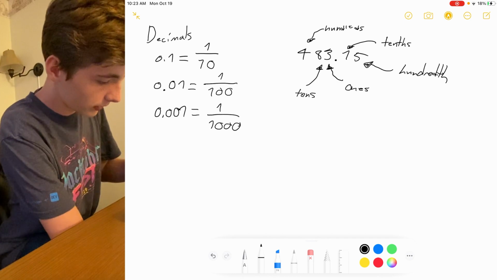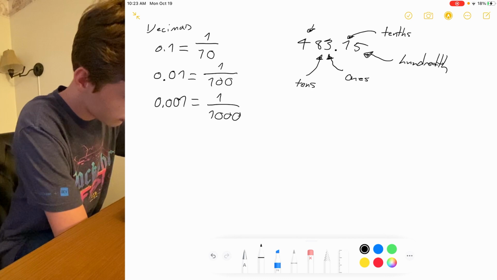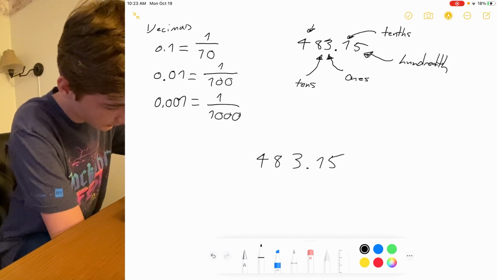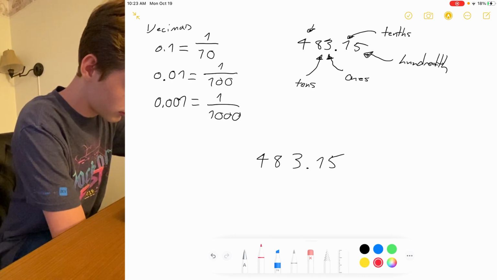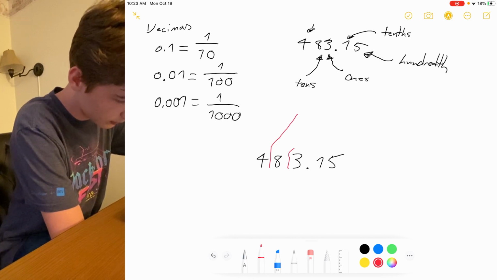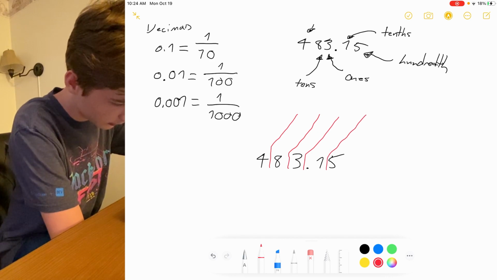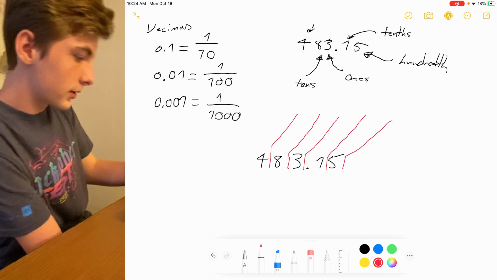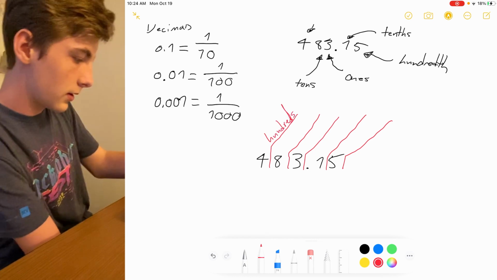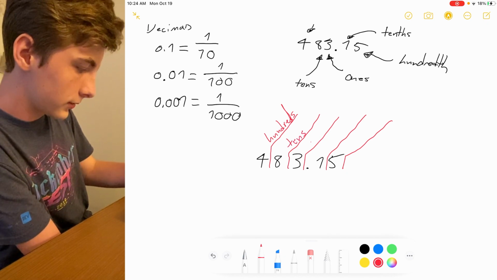And so the way I think I'm going to write it here, let's just kind of break this down. If we have 483.15, then we can give each of these spots a little name, right, for how much it's worth. So this is hundreds, then we have tens, then we have ones.